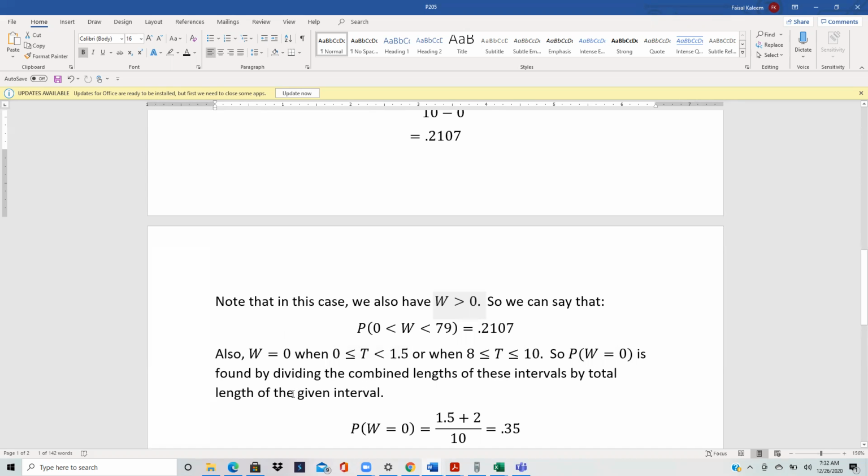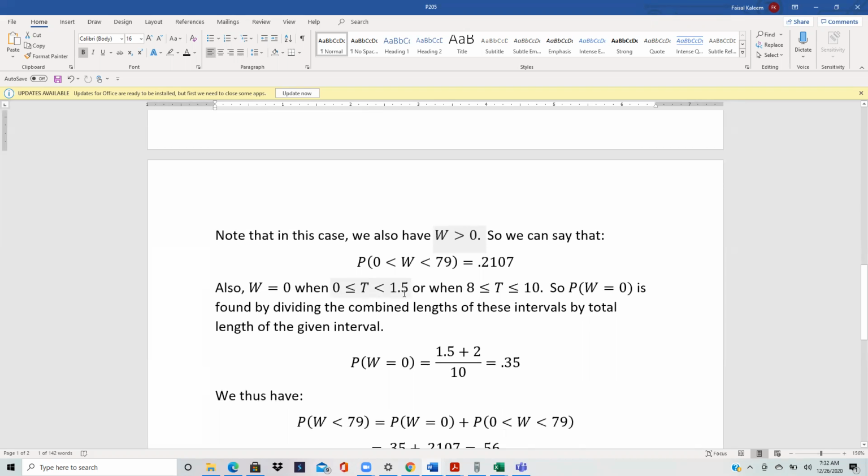So that is found by dividing the combined lengths of these intervals over which it's 0 by the total length, which is 10. Total length, remember, was 0 to 10. And the length of this interval is 1.5, and of this interval is 2. So the combined length is 1.5 plus 2, and divide by 10, get 0.35. So that's the probability of W being 0.